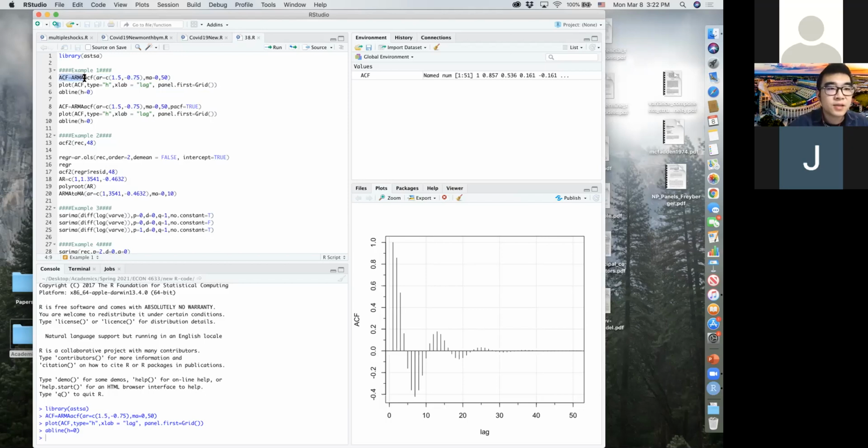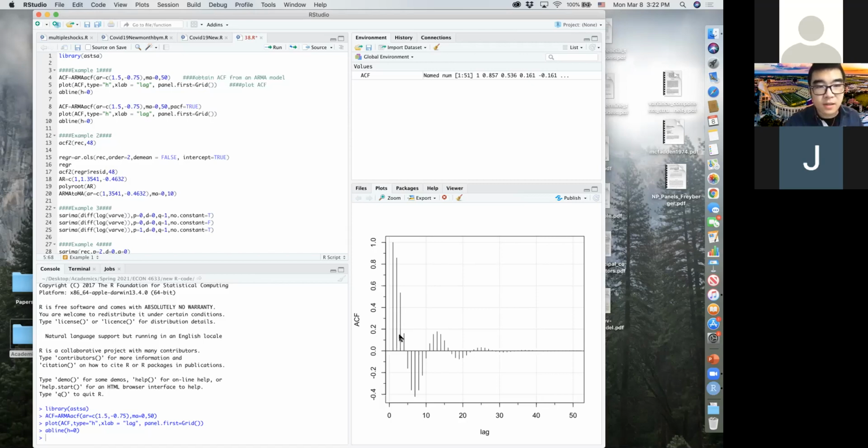This code, ARMAacf, is to obtain the ACF from an ARMA model, and then we plot it. You can see this plot is the ACF plot of this AR(2) model.